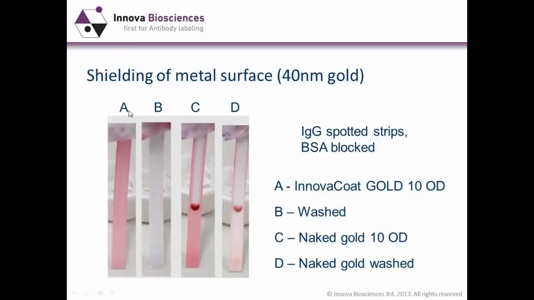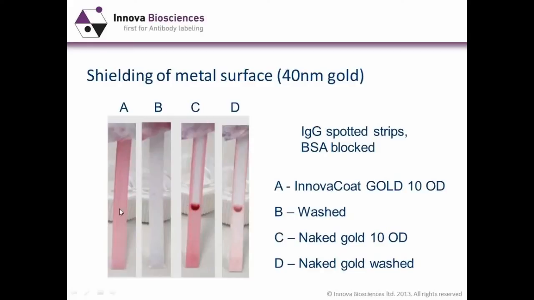What we've done in panel A is run the coated gold up the strip, and then we've washed the strip. You can see there's no evidence of the spot, so the coated gold has gone straight past the IgG spot. If we now run naked gold up the lateral flow strip, you can see that it flags the position of the IgG spot.